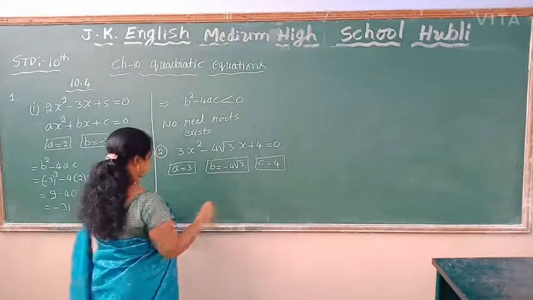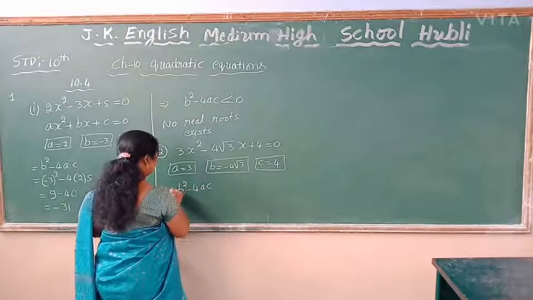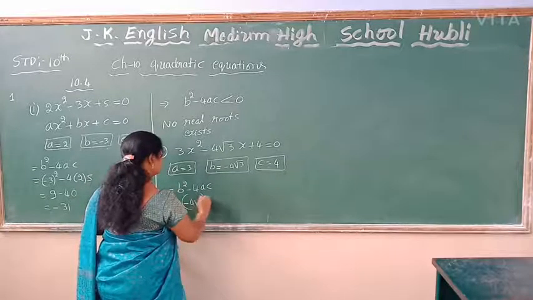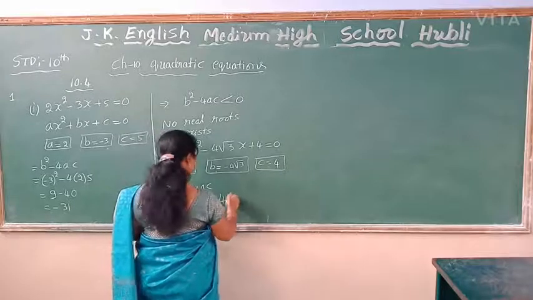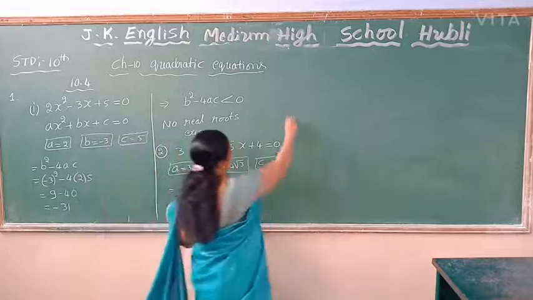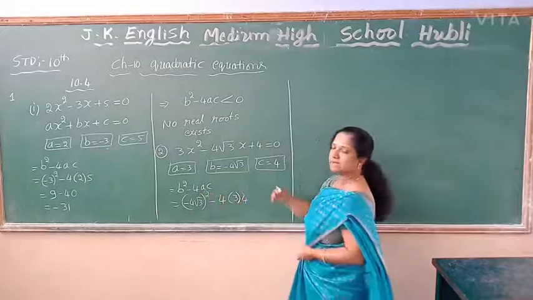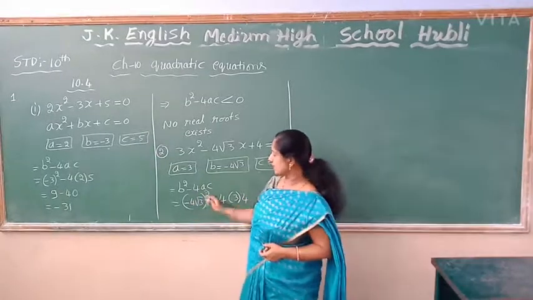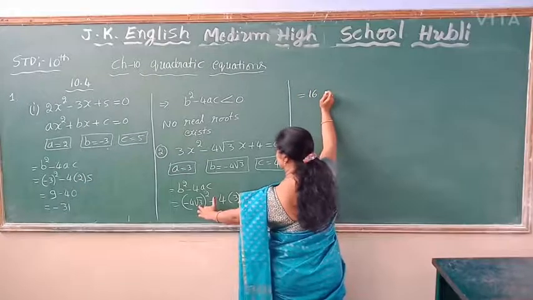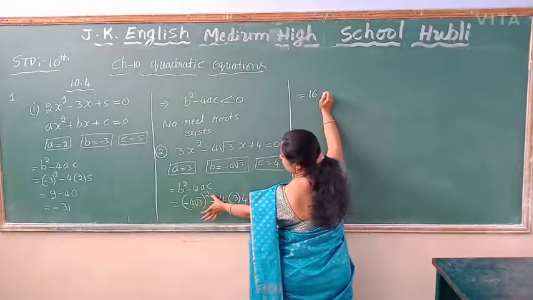Then write the discriminant value, b square minus 4ac. B square means minus 4 root 3 whole square, minus 4 times a value 3 times c value 4. Substitute and simplify. Minus into minus is plus, 4 square is 16, and root 3 whole square means 3, because the square root symbol and the square get cancelled.